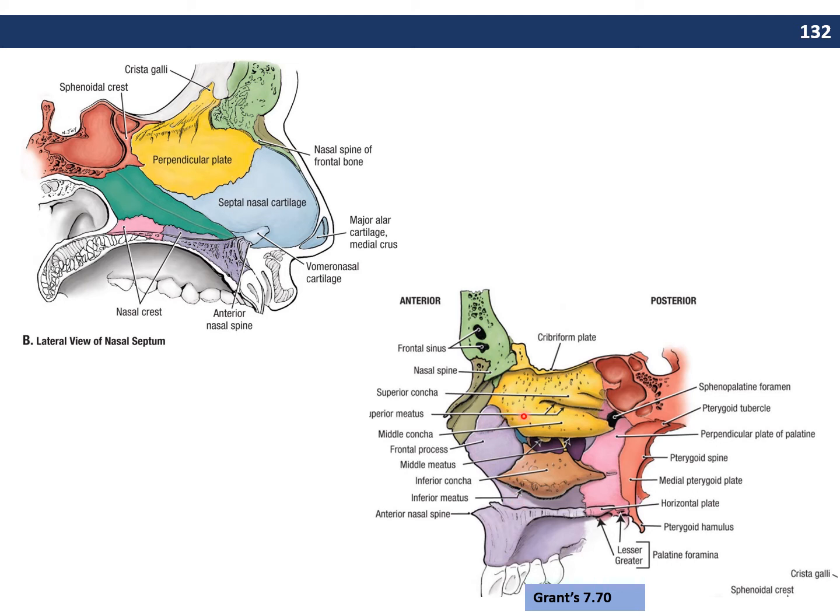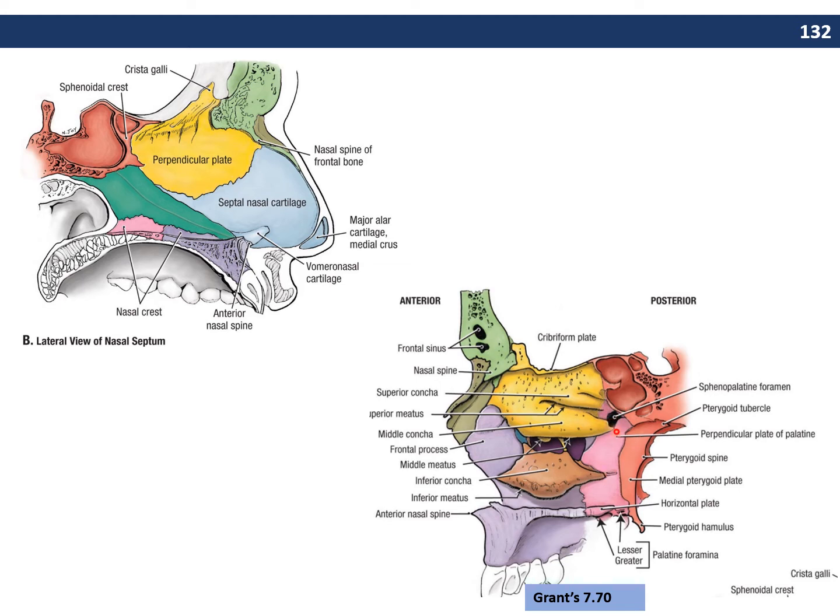Okay. Remember that deep to each one of these shell-shaped concha are meatuses, or spaces, and those spaces have different openings in them that include but are not limited to the sphenopalatine foramen.